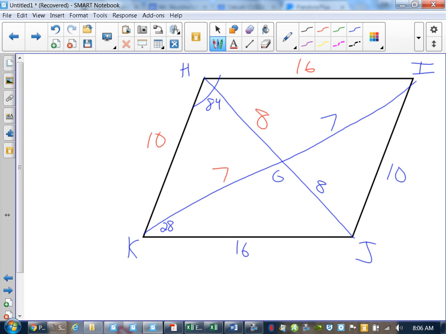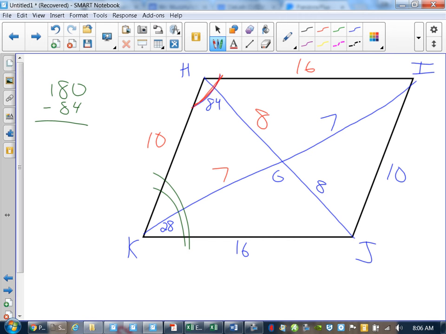Okay? Now what I want you to see is that we have this angle of 84 degrees here, which means what has to be its supplement here? What's the supplement to 84? 96.